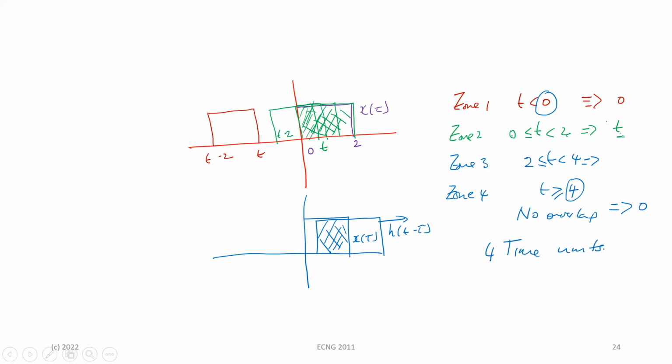What is the sum of the duration of the pulses? x tau is 2 units, h tau is 2 units. 2 and 2 is 4, so the convolution must cover 4 time units. The convolution must have the same duration as the sum of the two functions that you're trying to find the convolution of.